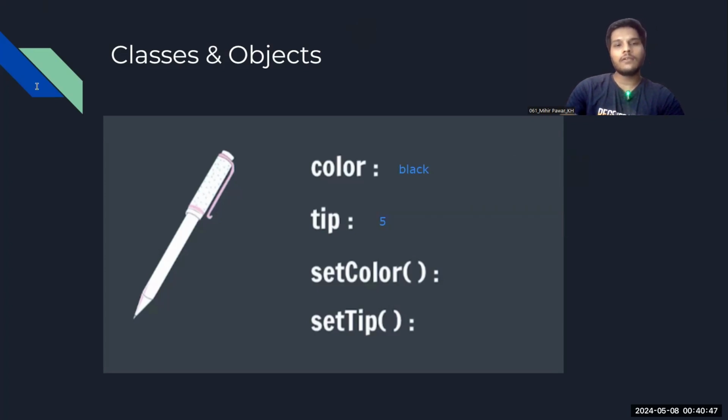Now we have set the properties of this pen: it has a color, it has a tip. Color is black, tip is 5. And we can also change this color by our methods. We can change our color by set color and change our tip by set tip. So for this, let's look at some code.